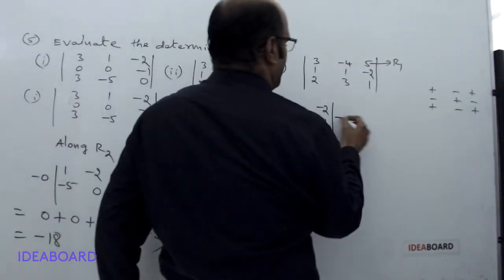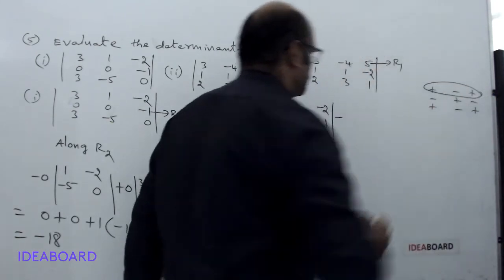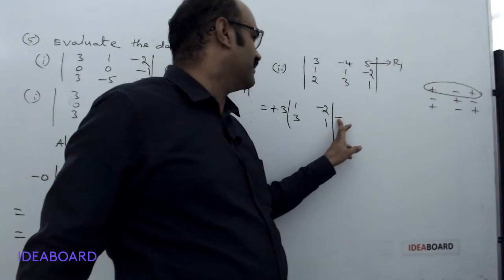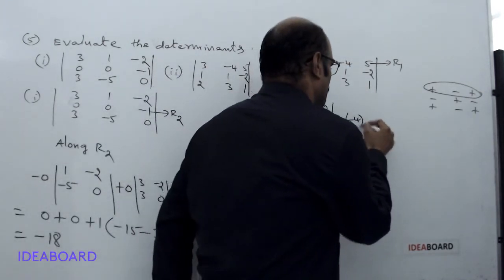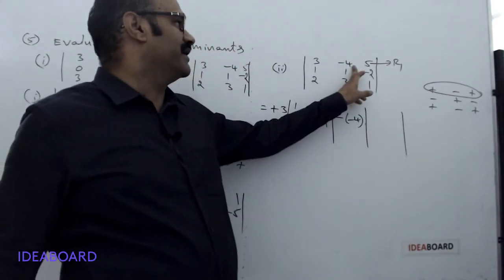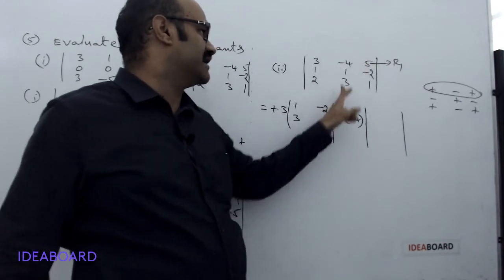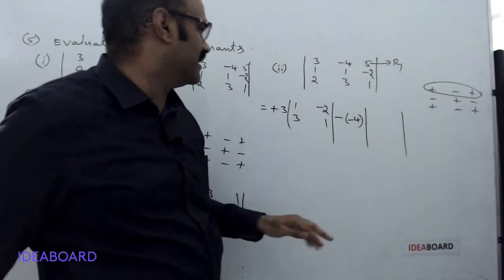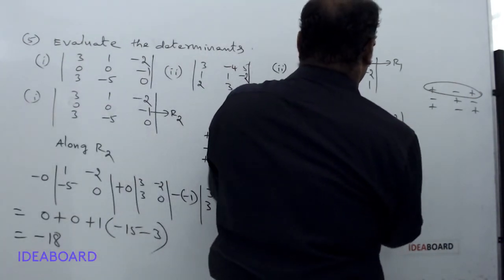Now minus: we are having the sign minus, so take minus of minus 4 into the minor of minus 4. The element minus 4 lies in the first row and second column, so the remaining 4 elements are 1, minus 2, 2, 1.